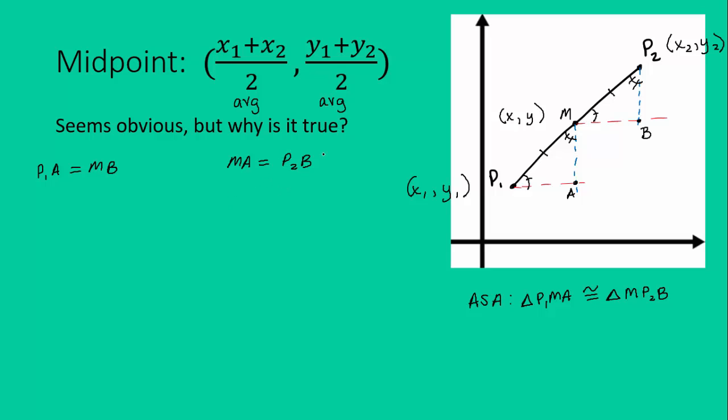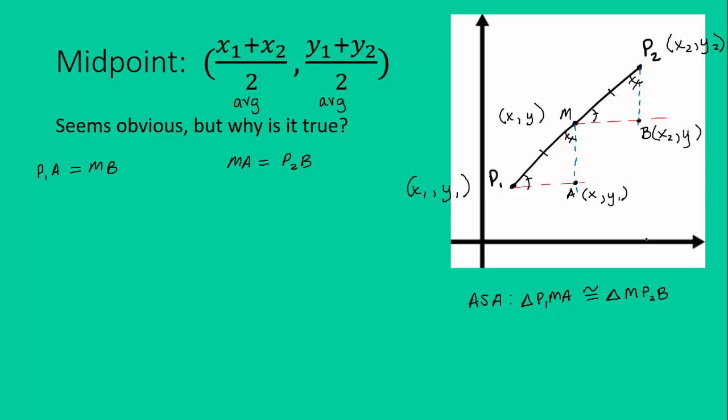Well, we need to name the coordinates for A and B, and we haven't done that yet. So where is A? The x-coordinate for A is lined up with M, so it's x, and the y-coordinate for A is lined up with P1, so it's y1. Now B, let's see, the x-coordinate is lined up with P2, so that would be x2, and the y-coordinate is lined up with M, so it would just be y.